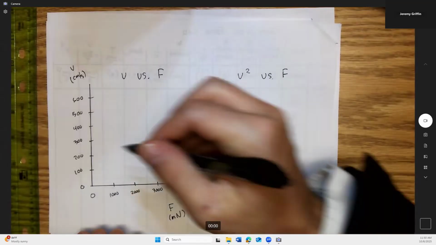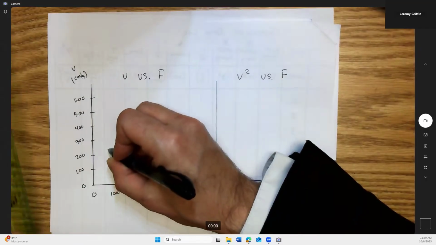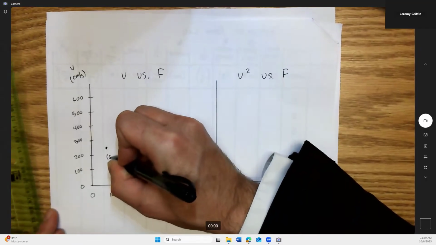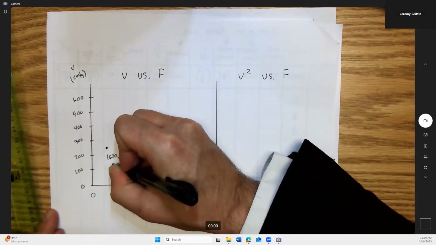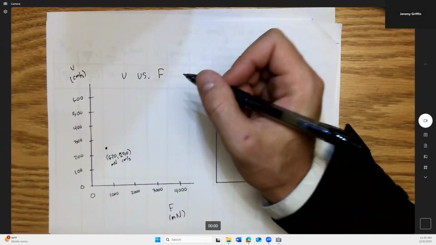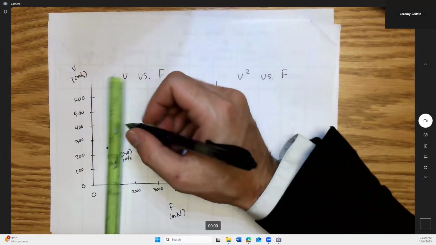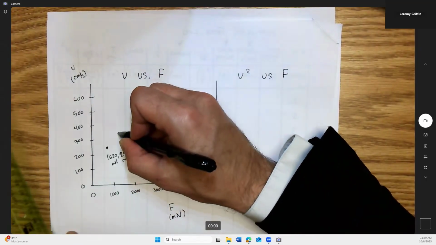Okay, so what's one point? 620 and 250. So 620, 250. This is millinewtons and centimeters per second. Next point. 1120 and 345.